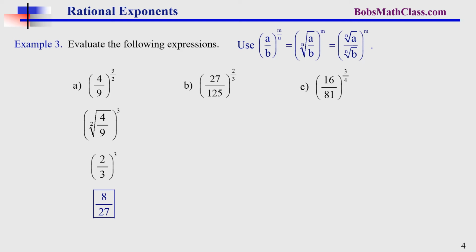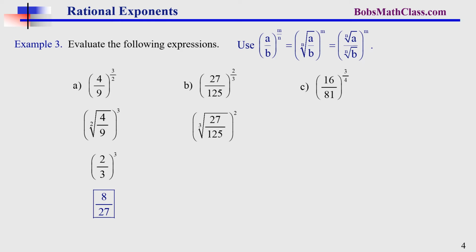Okay, let's try the next one. 27 over 125 to the 2/3. So again, write the cube root of the fraction raised to the second power. Now the cube root, that's going to apply to the numerator and the denominator. So the cube root of 27 is 3.